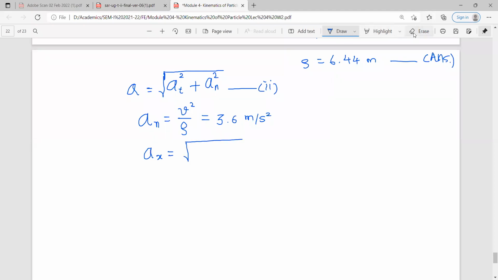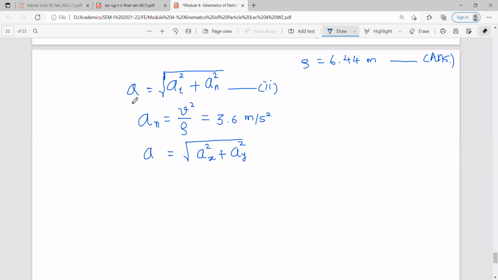You know that the same acceleration can also be resolved along the x-axis and along the y-axis. Here it is the same acceleration, but we resolve it in other directions. One is the tangential direction, in which the velocity is there and the motion is happening, and the other is the normal direction, which is along the radius.